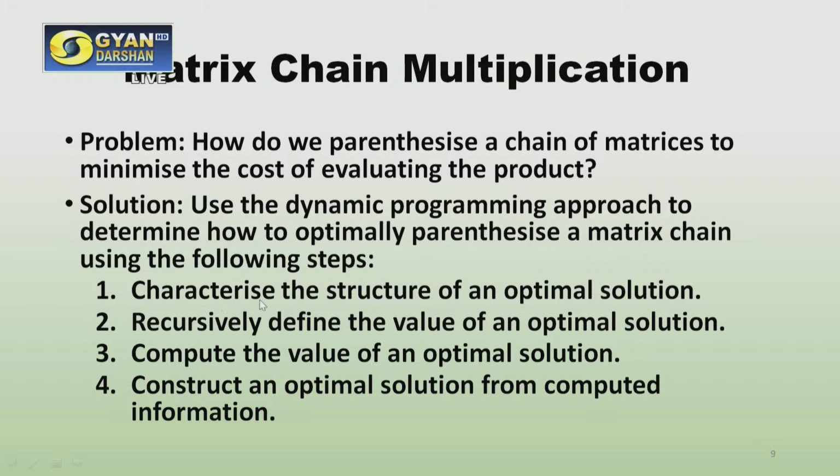The first step is to characterize the structure of an optimal solution, that is, the recurrent solution. Then recursively define the value of an optimal solution, compute the value of an optimal solution, and construct an optimal solution from the computed information. We will follow all these steps one by one as we go along in this example.